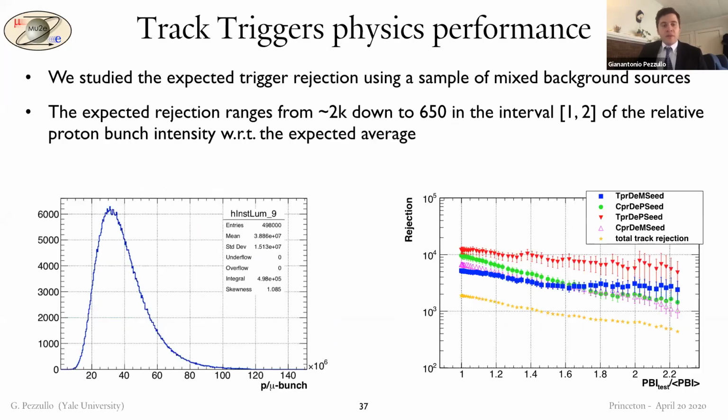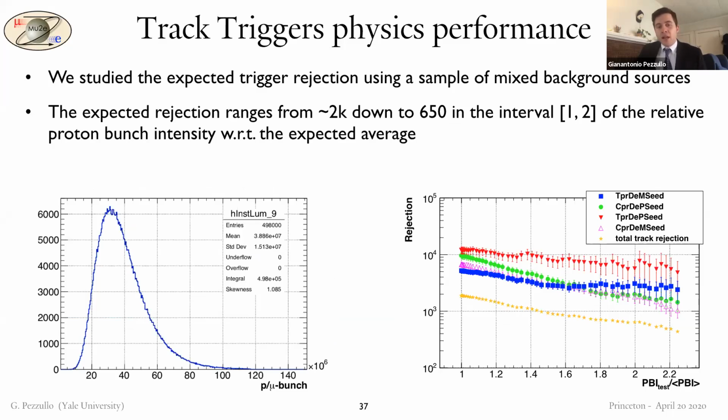We also evaluated the expected rejection of the track triggers. To do that, we used a pure sample of mixed background sources that we expect. By simulating these backgrounds, we also fluctuated the proton bunch intensity using the best guess that we currently have. The plot on the bottom left shows the distribution of the proton bunch intensity that we expect to receive from the proton driver at Fermilab.